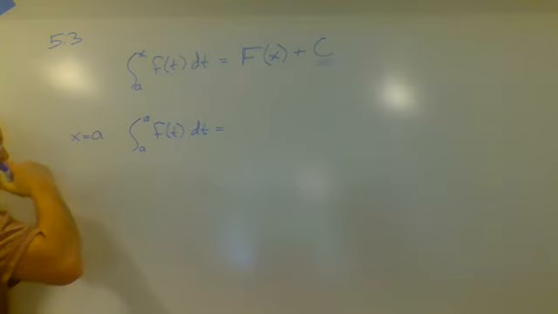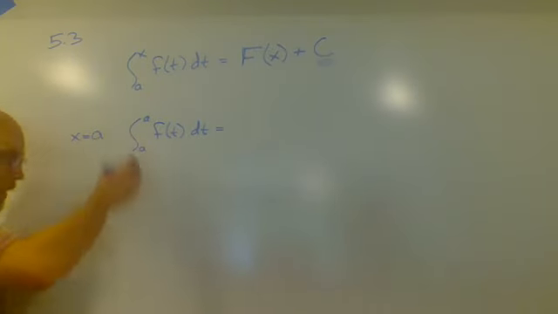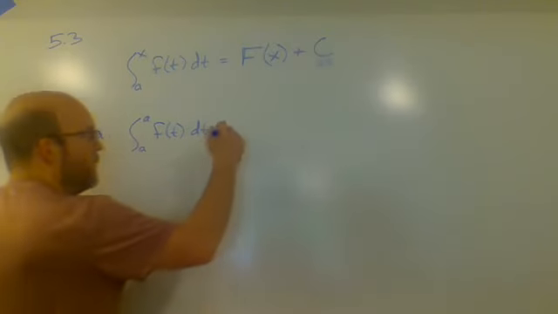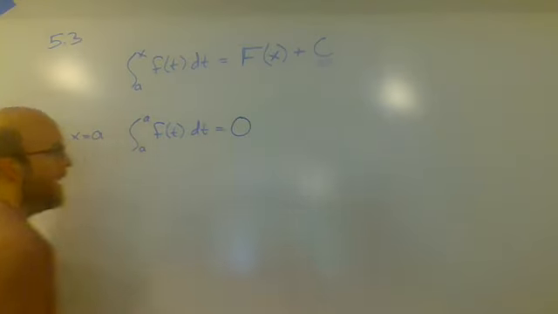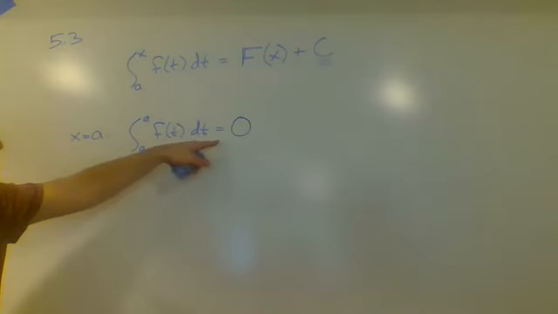If I say, what's the area between 1 and 1, there is no area. You cannot have area on a straight line. You have to have two separate numbers for there to be an area in between them. So that has to be 0. Okay, so that's something that we've discussed before. So all that's saying is if I plug in x is equal to A, I should get 0.